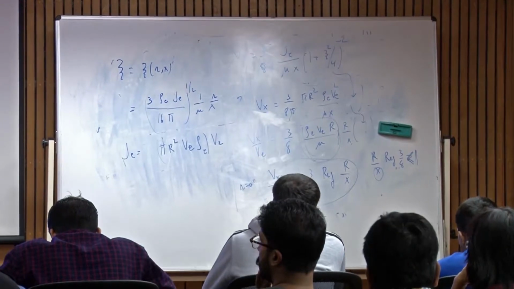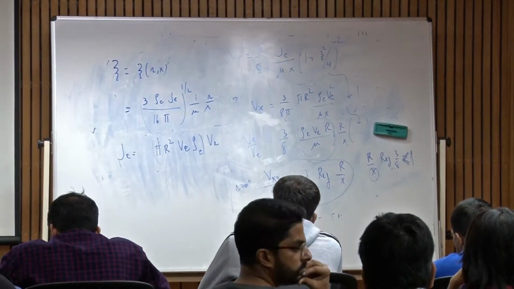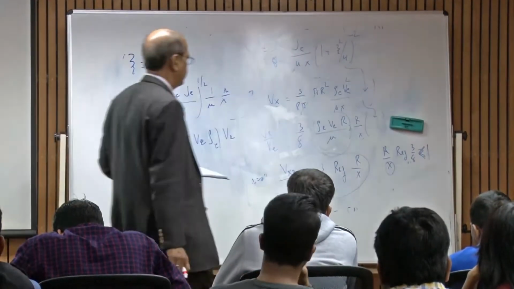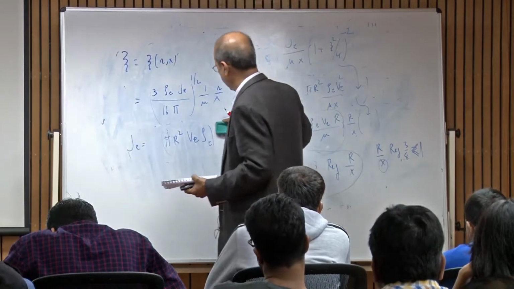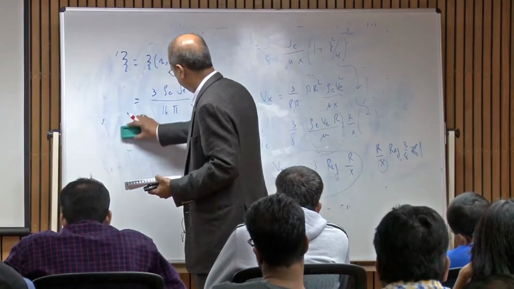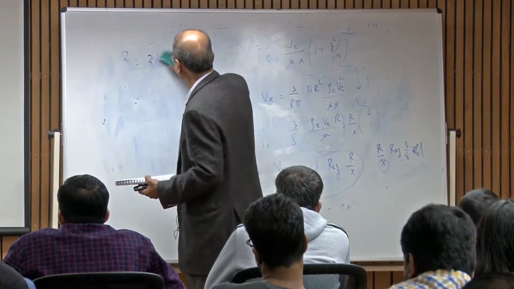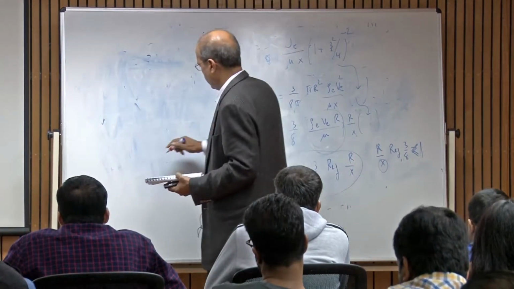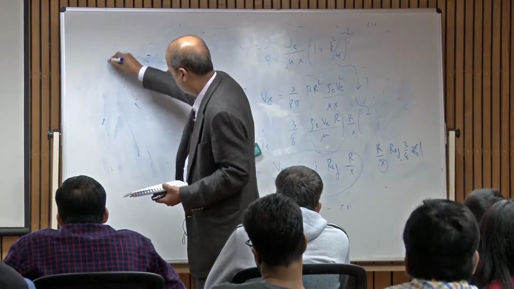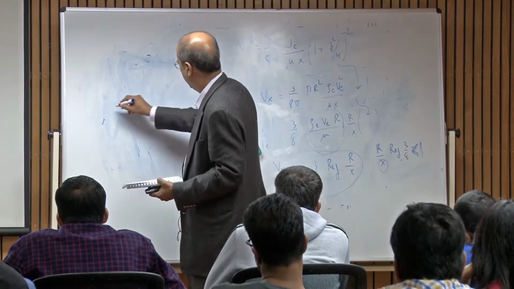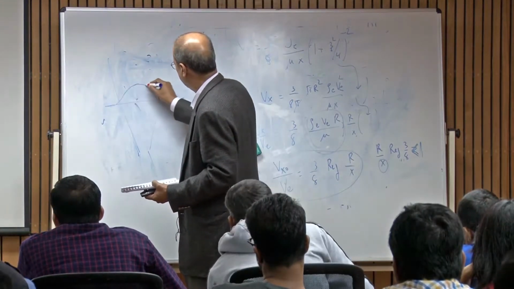First of all, we'll discuss a couple of properties. One is the spreading radius. So this jet is spreading like this. If you plot the velocity here, it's like this.